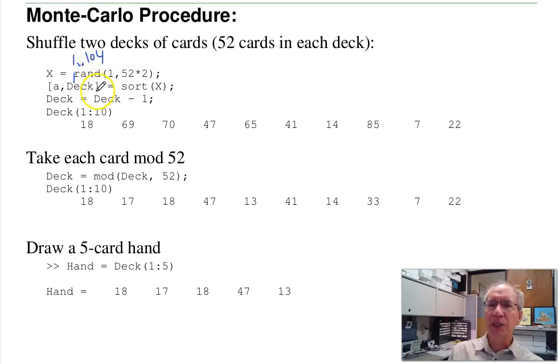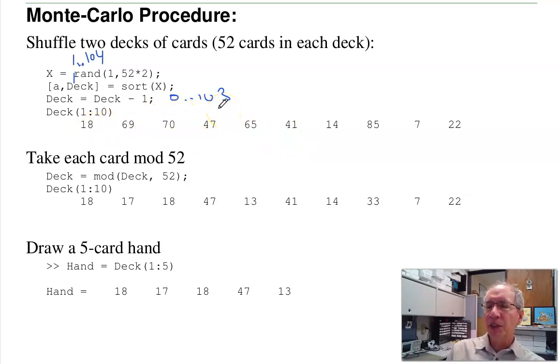I'll subtract 1, so now it's 0 to 103. Here's, say, the first 10 cards. It's going to be different every time you do it, but the first card is card number 18, 69, 70, 47, and so on. So that's the cards in the deck from 0 to 103.